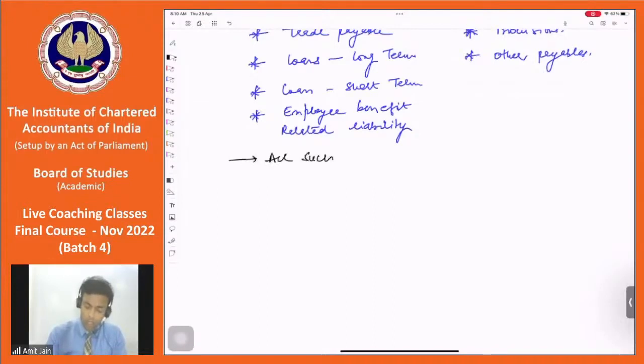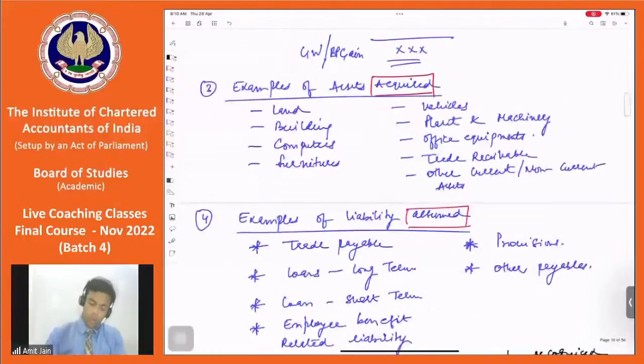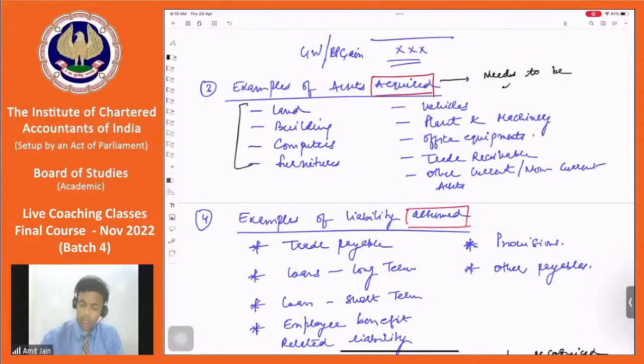All such liabilities need to be recognized at fair value. All these assets need to be recognized at fair value.